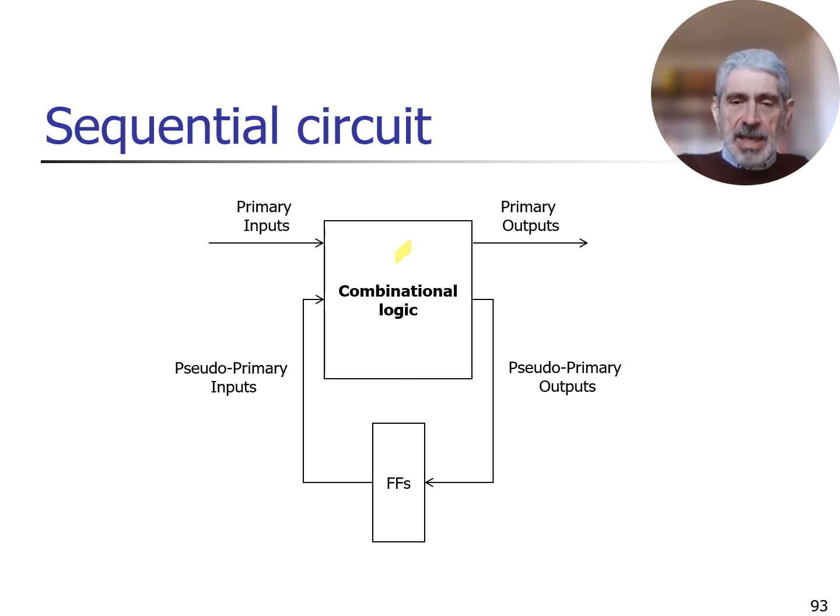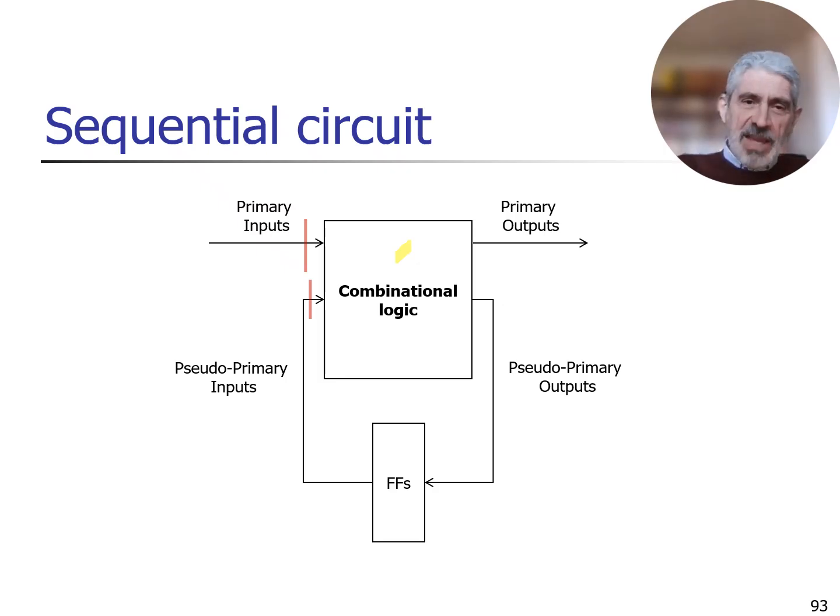If there is a stuck-at fault there, what I will need is to force some input values on the primary inputs, but also on the pseudo-primary inputs. Okay? Those that an ATPG may generate for me when targeting this stuck-at fault. It is easy to force these values on the primary inputs. It's not easy at all to force these values on the pseudo-primary inputs because this would require moving the circuit to a given state. And this is tricky in a large circuit.